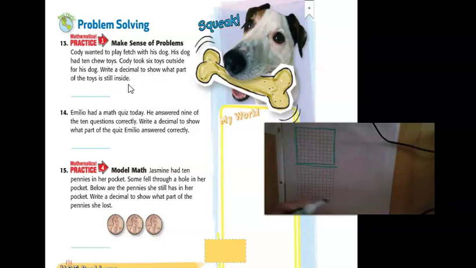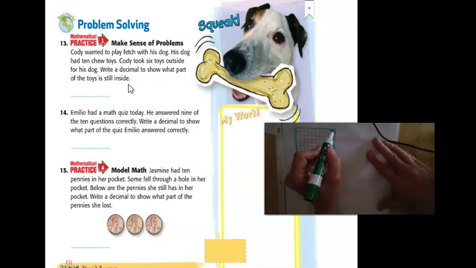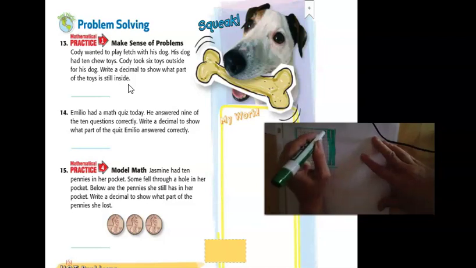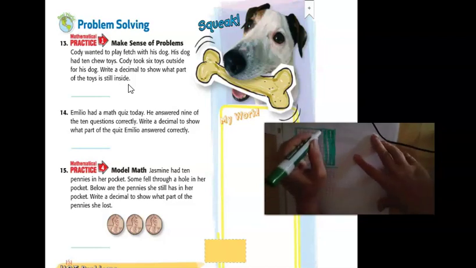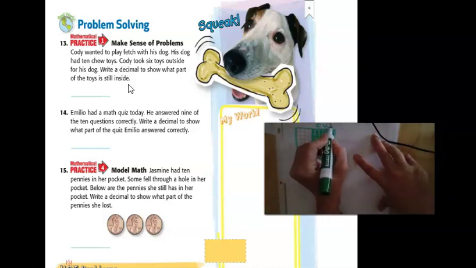Okay, so I'm going to show the 6 toys that he took outside to play with his dog. 1, 2, 3, 4, 5, 6 are what he took outside.